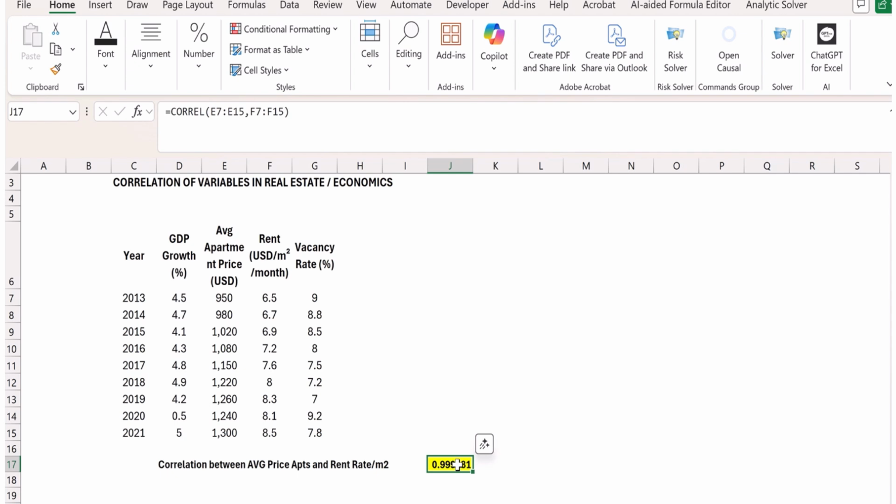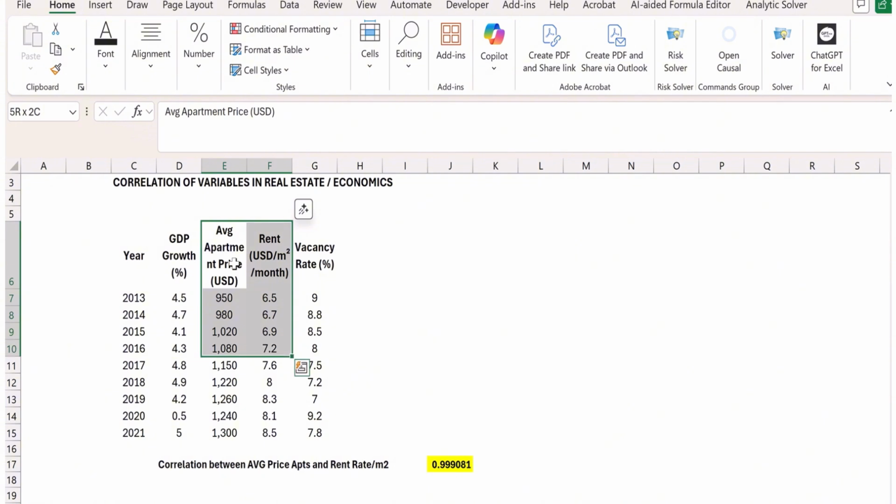There is almost a perfect correlation here. Let's plot this graph to see that it will be almost a perfect line. The dots will be clustered, very much together, almost forming a perfect line.